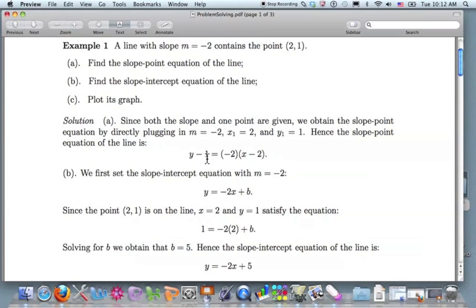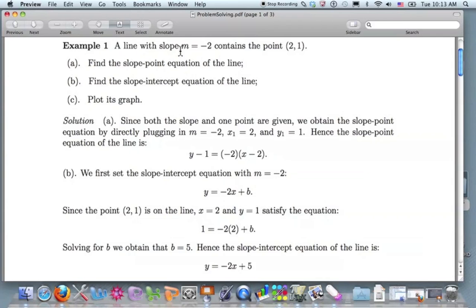If we work on this slope-point equation, we can obtain the slope-intercept equation from here, but I'd like to start from the beginning. If we are only asked for the slope-intercept equation, in general form that equation is y equals mx plus b.